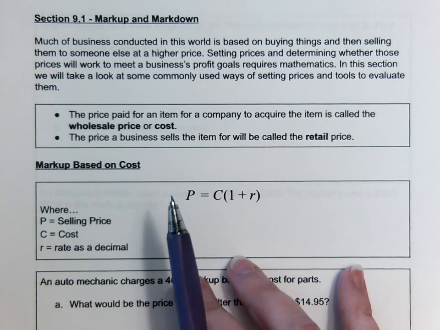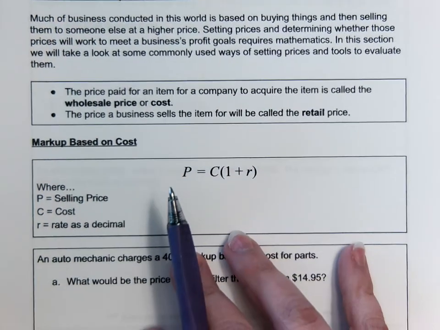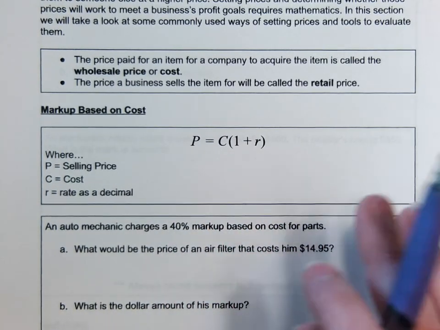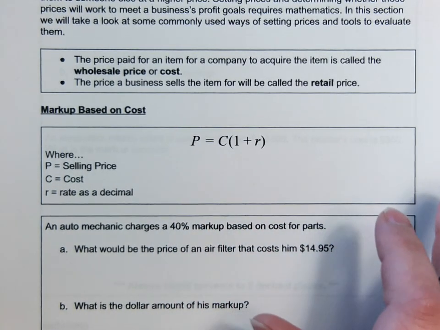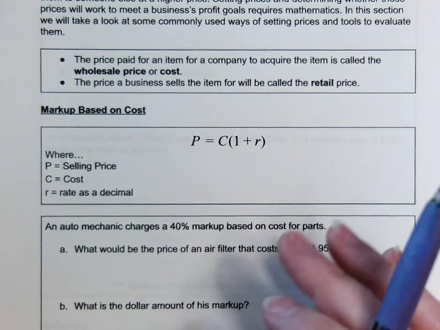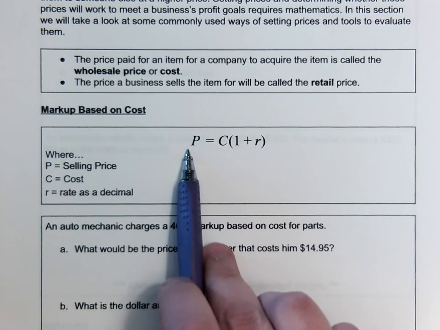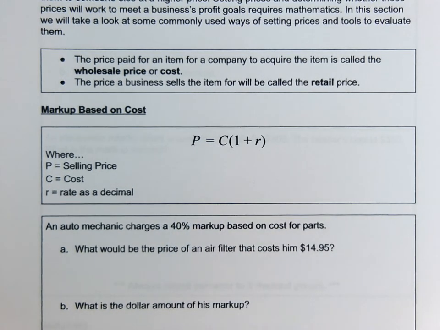So we're going to get into our formula, and this cost versus price tends to confuse people. So remember, cost is the cost to the company to obtain the item originally, and the price is the price they sell it at. Okay, so the price will always be higher than the cost.